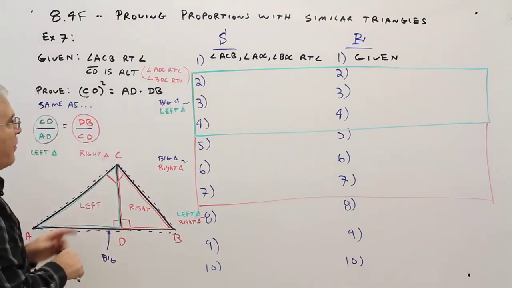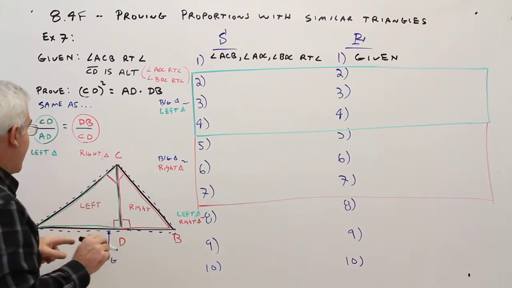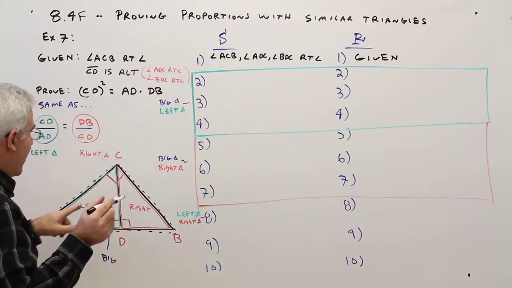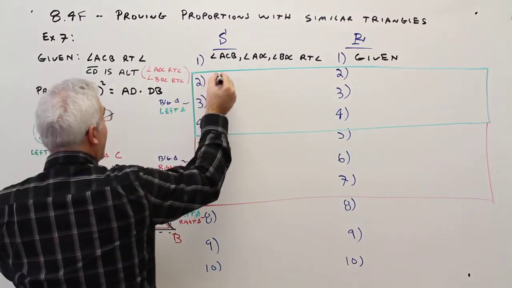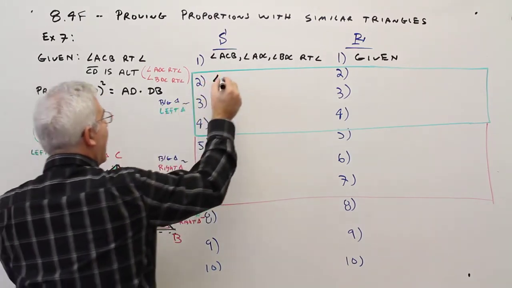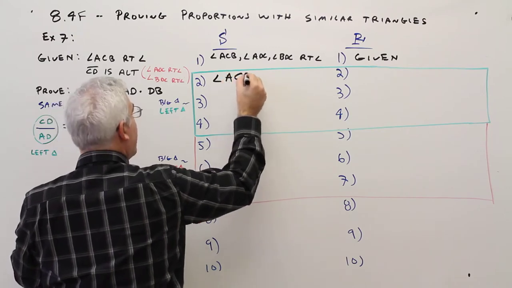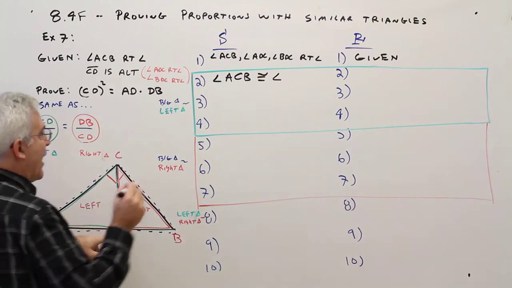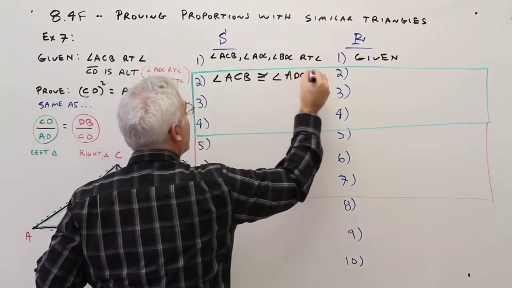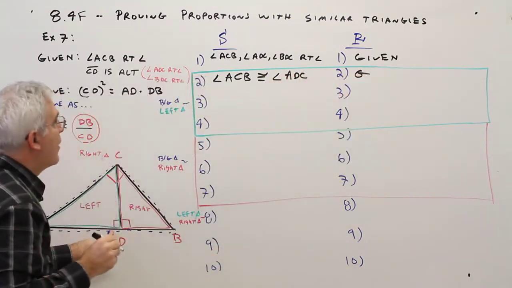So now I'm trying to get the big triangle to be similar to the left triangle. Well, I know that the right angles are congruent, so I can say in the big triangle, angle ACB is congruent to angle ADC. That was given.